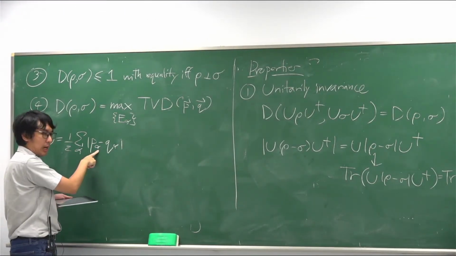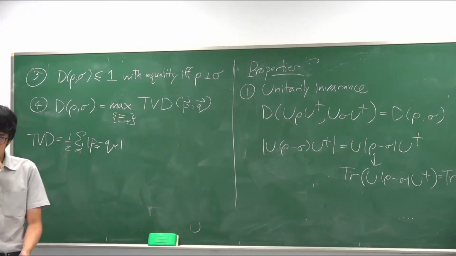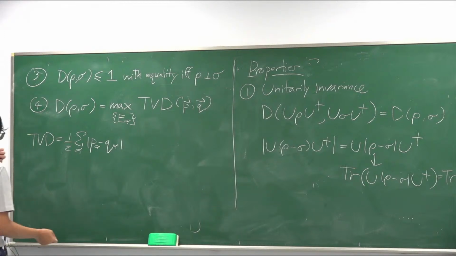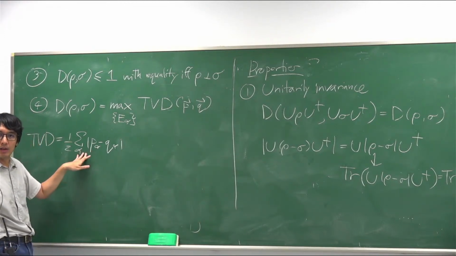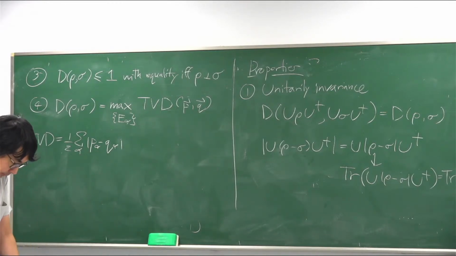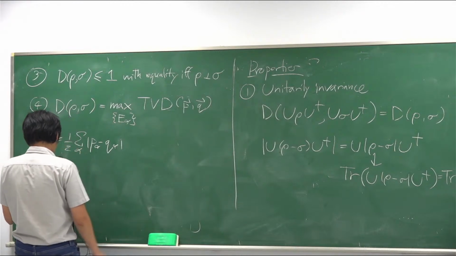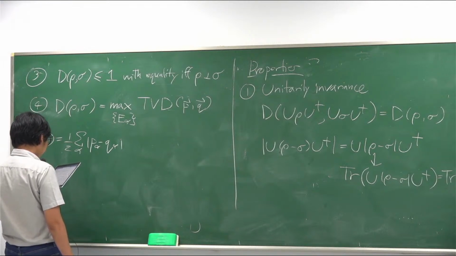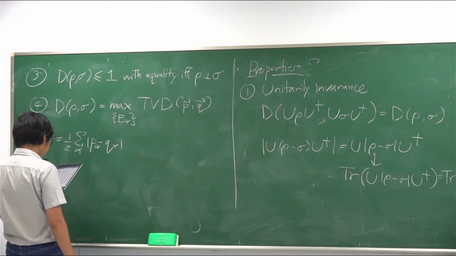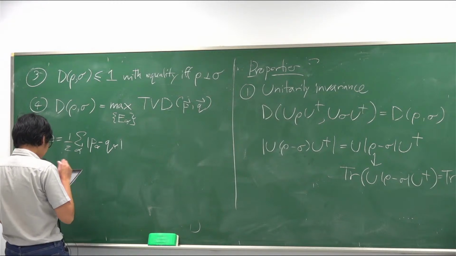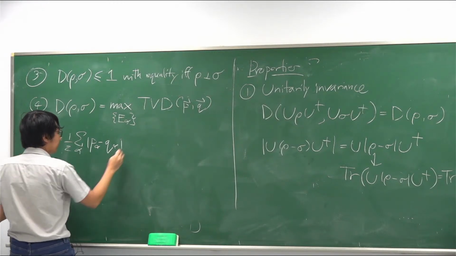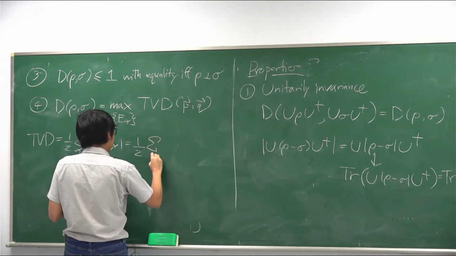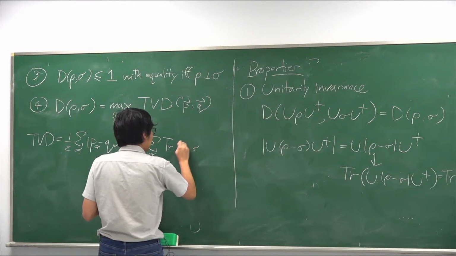Here we imagine that alpha labels the measurement outcome of a quantum measurement, so the probability is just the trace of E alpha with the state.